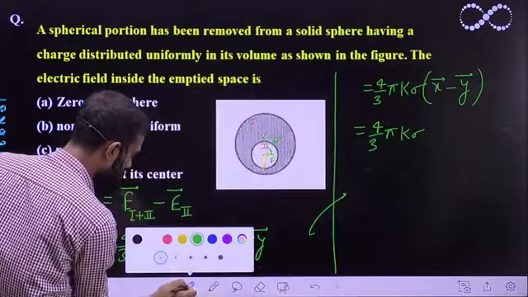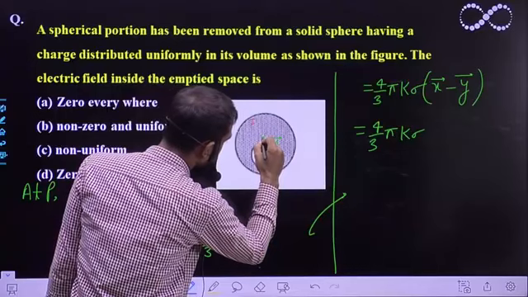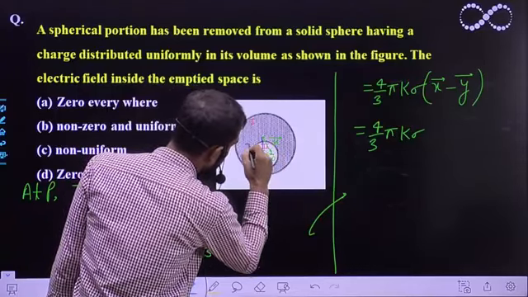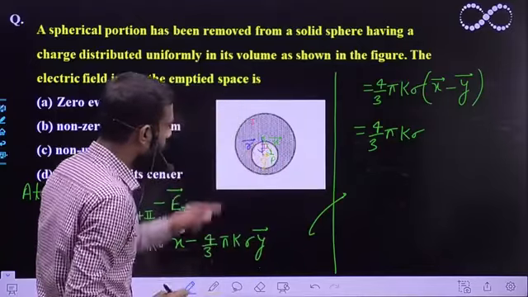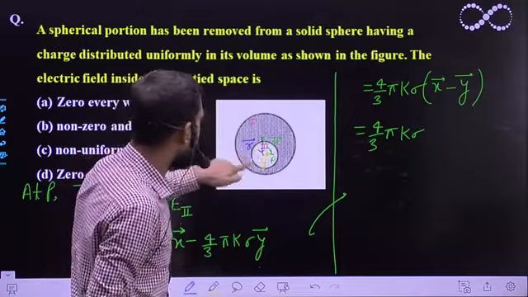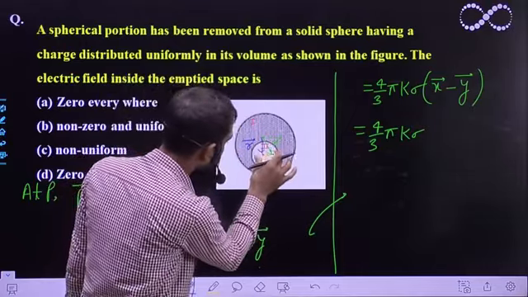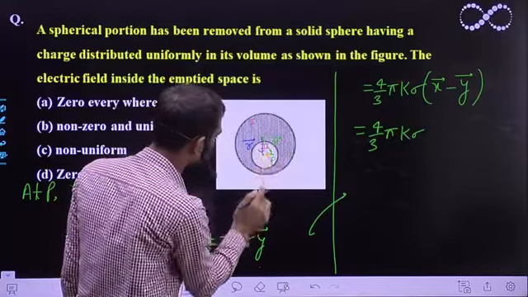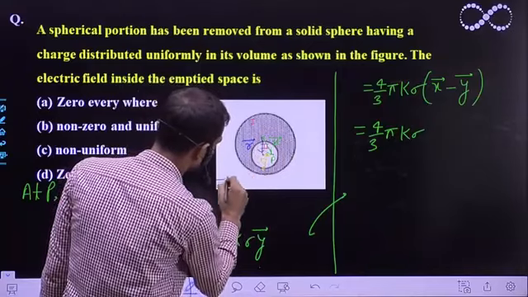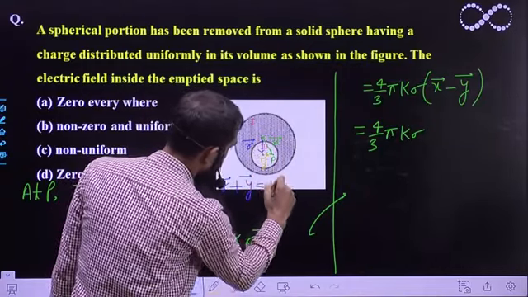Let us draw it here with some different angle. If you take this line and call this vector r vector, then from this triangle formed by P, y, x and r, I can easily say r vector plus y vector must be equal to x vector.